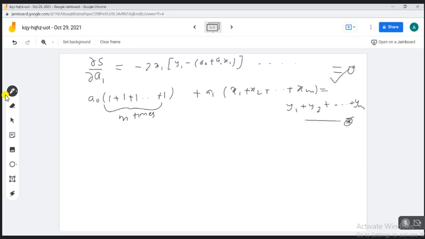So if we put this equation equal to 0, what do we get?